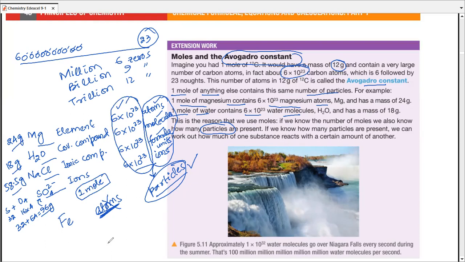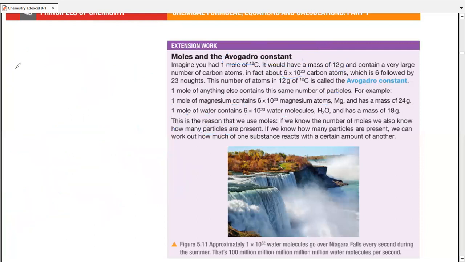Now, this whole thing seems like a bit of a difficult concept for conversion for students. So what we come up with is that we give them a very easy formula. Again, you can convert number of moles, and the unit would be mole, into number of particles.